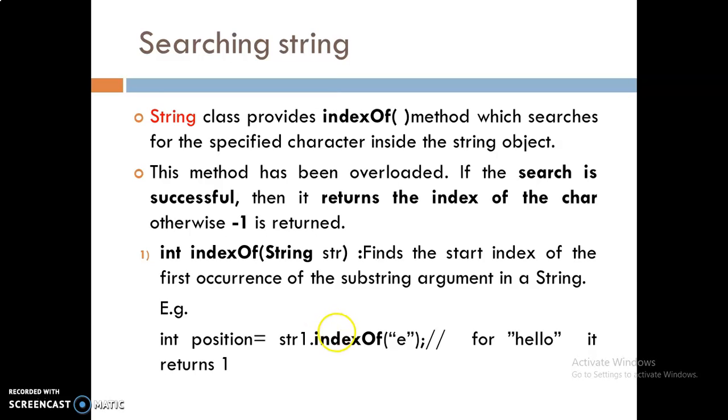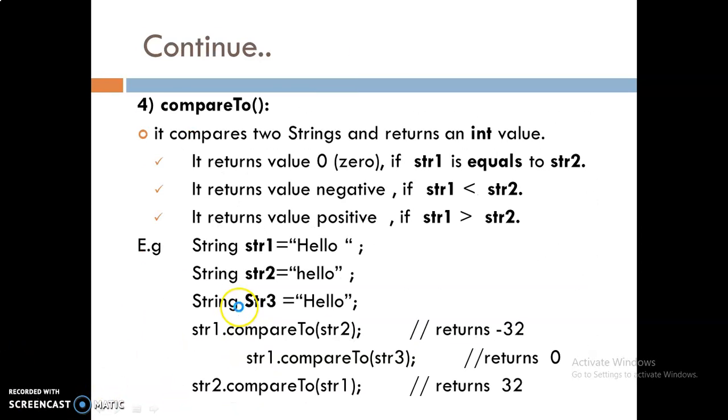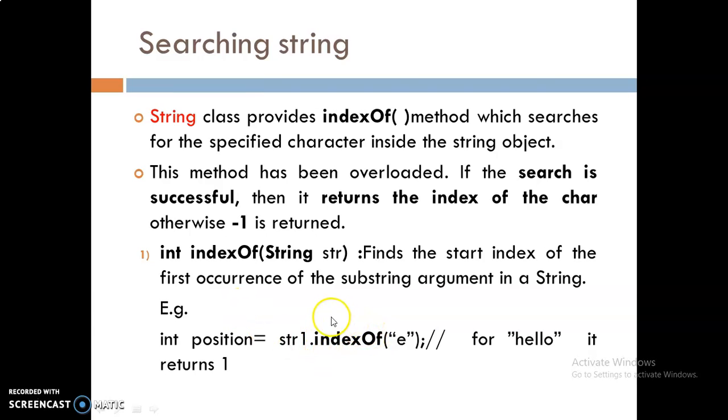Searching of a string is there. You can find a string by using the indexOf function. We are using the indexOf function to find a particular string or character. You can use a character also by using the char data type. If the search is successful, then it returns the index of the character from where that particular character started.